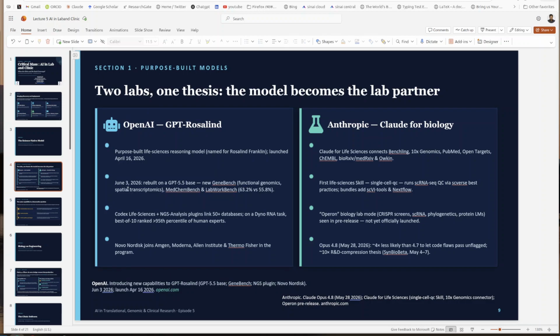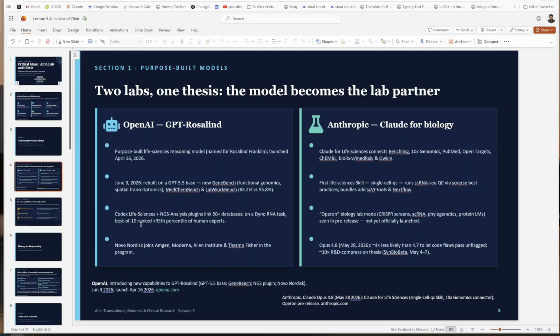So, a purpose-built life science reasoning model. They have released new benchmarks, including MATCAM bench and LabWork bench. So we'll go into those.